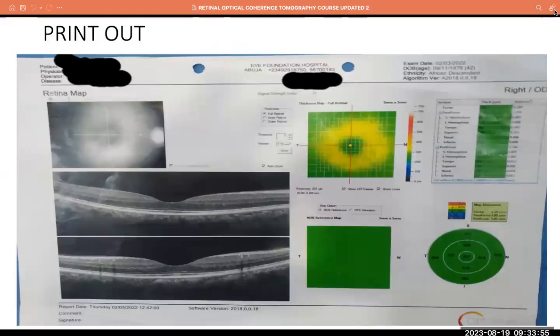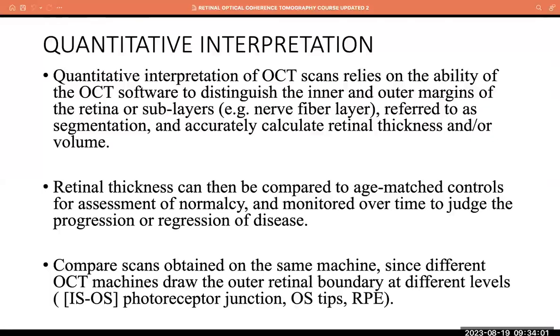All right, the next slide. The interpretation of the OCT could be quantitative, it could also be qualitative. Quantitative is that you're looking at the ability of the OCT to measure thicknesses.